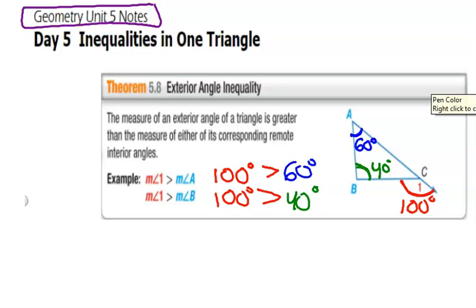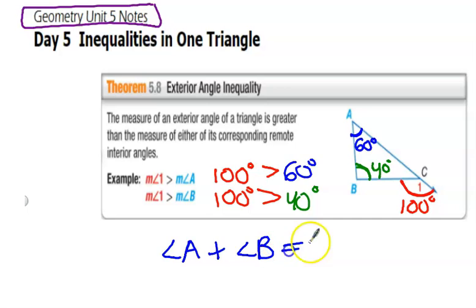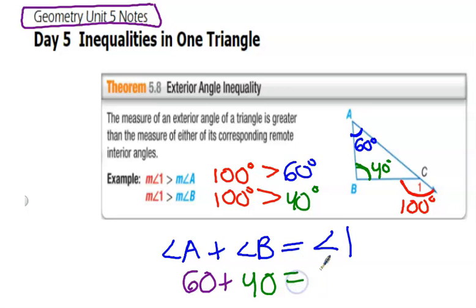Because of the exterior angle theorem, which says that angle A plus angle B actually equals angle 1. So we have 60 degrees plus 40 degrees, and that equals 100 degrees. So that's why this is the case. The exterior angle is greater than the remote interior.